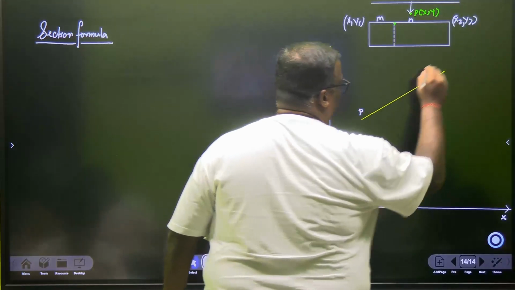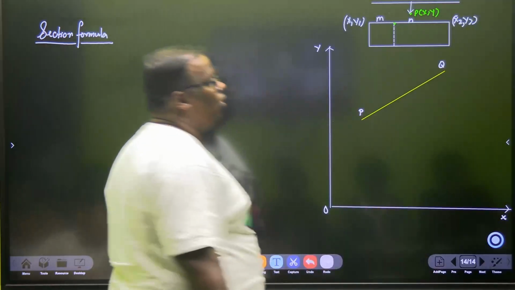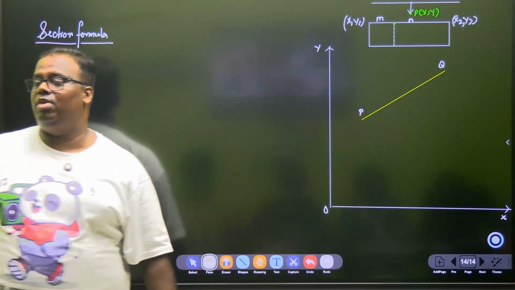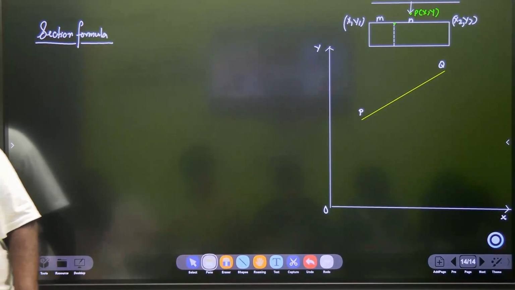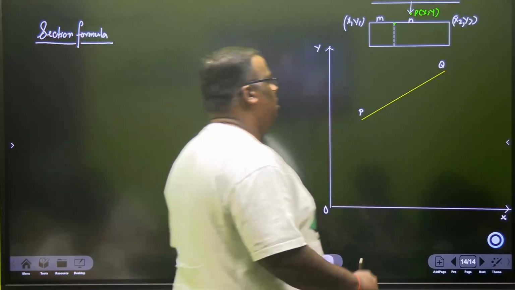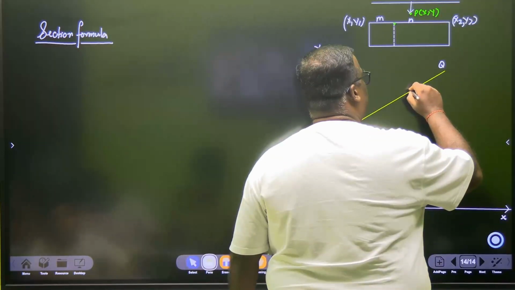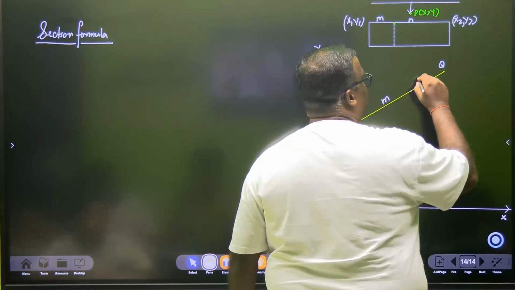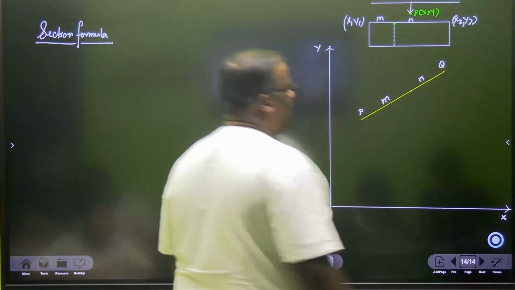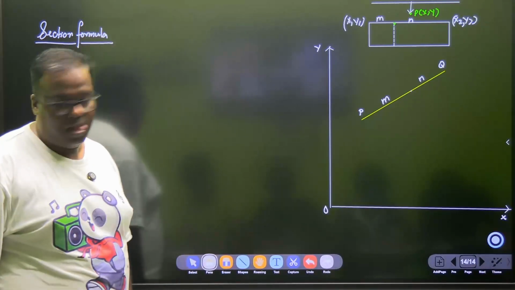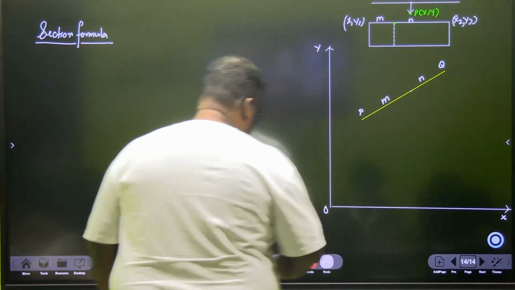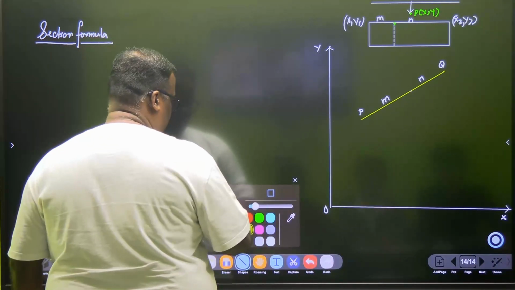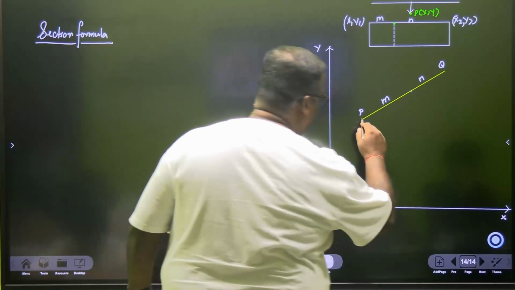Given a line segment PQ, my job will be to internally divide it in the ratio of m:n, right? I want to divide it internally in the ratio of m:n. So I say this side is m and this side is n. Perfecto? I should be giving the value of P and Q. So let me make those by the time you all also develop your drawing.